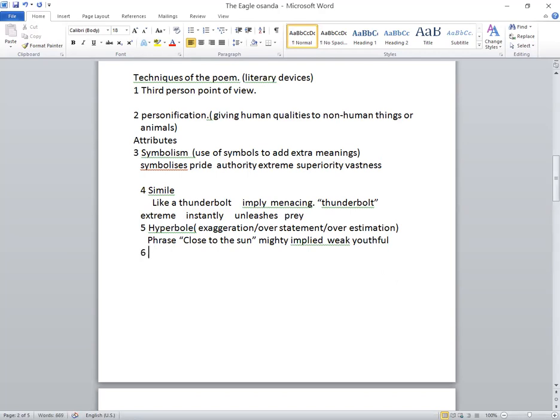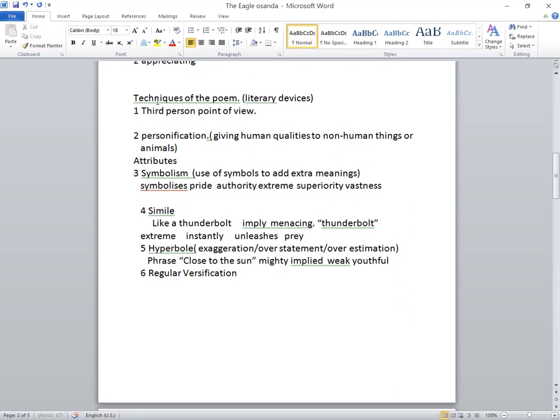Sixth one. Regular versification, another technique. Versification. Sixth technique. Now, first one is third person point of view. Second one, personification. Third one, symbolism. Fourth one, simile. Fifth one, hyperbole.